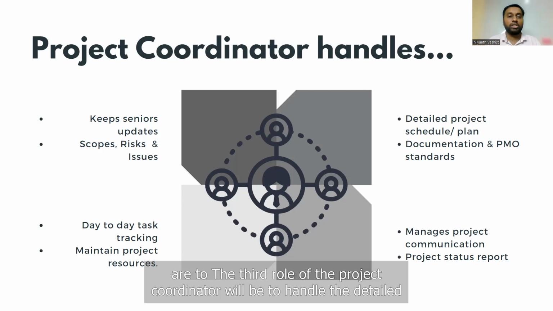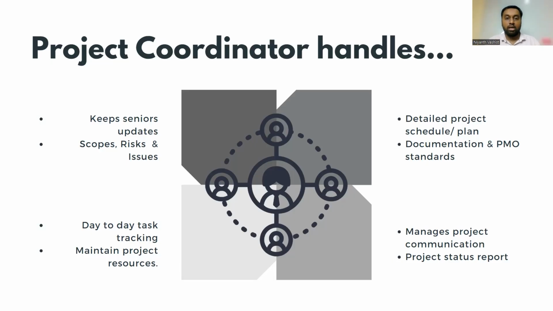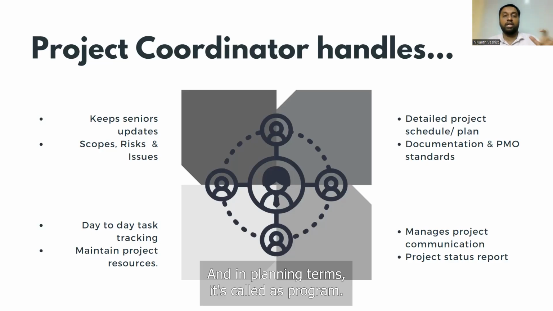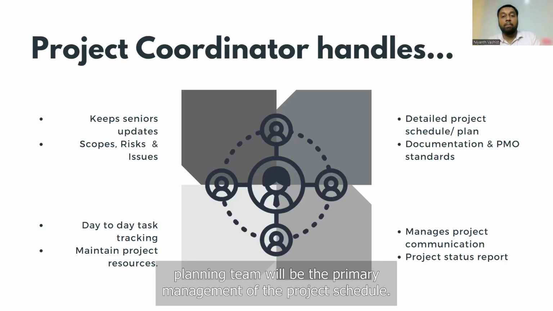The third role of the project coordinator will be to handle the detailed project plan or detailed project schedule. And in planning terms, it is called a program. So either a schedule or a plan or a program. So when we talk about a detailed project program or a schedule, the planning team will be the primary management of the project schedule.